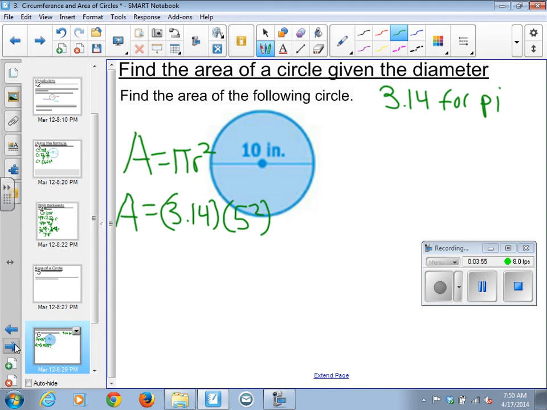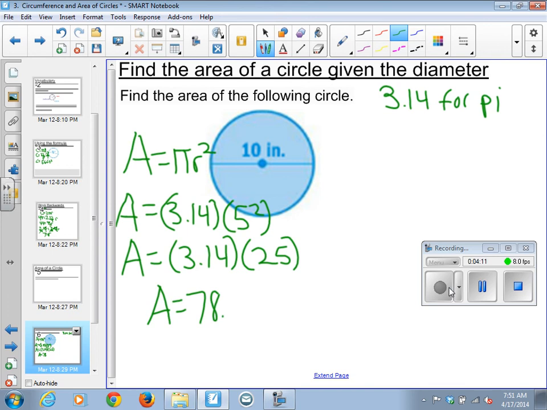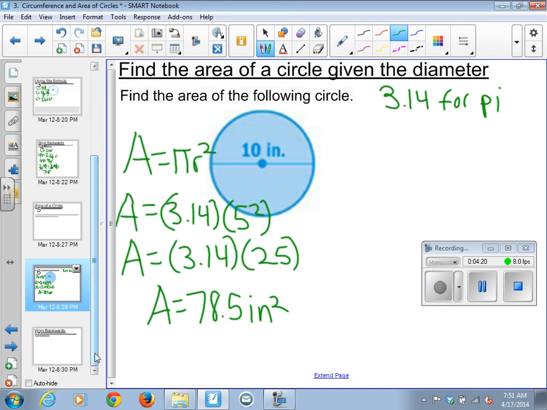Diameter is 10, cut in half, the radius is 5. Further simplify. 5 squared is 25. And from here, we solve it. And when you work this through, you should get 78.5 inches squared. Just formula, chug and plug, simplify.